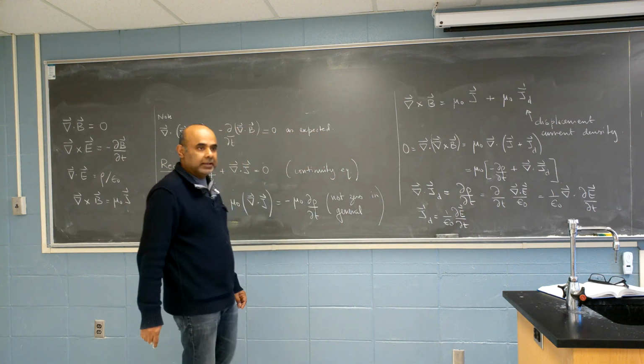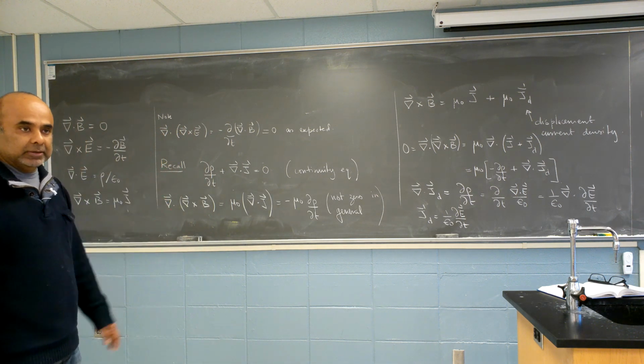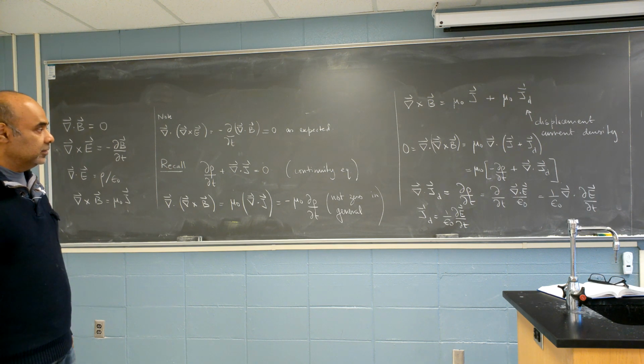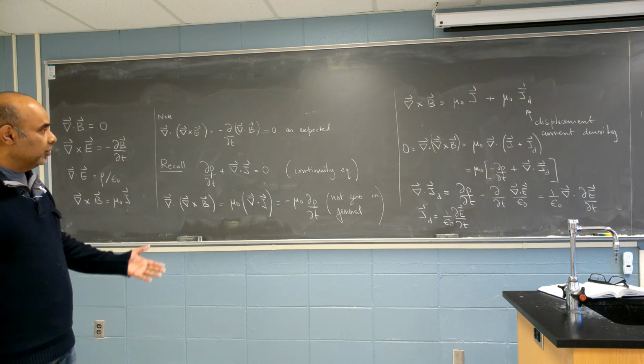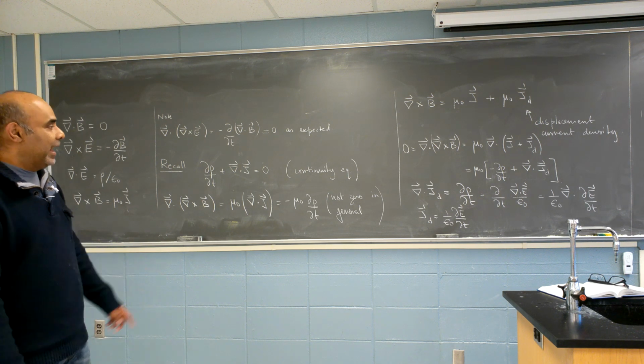A time varying electric field is creating an effective current, a contribution to Maxwell's equations. Except I got it wrong. That is not what JD is.